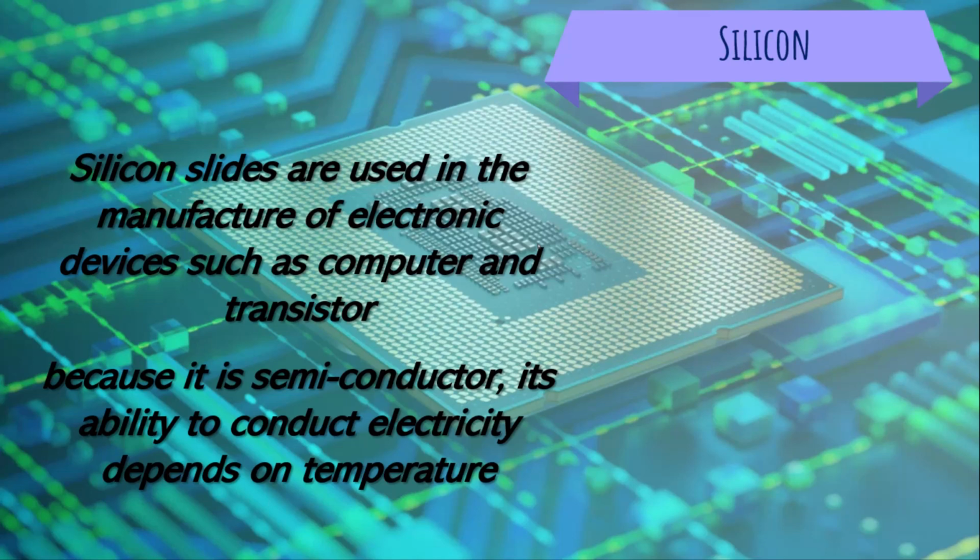And when it reaches a certain temperature, the silicon loses its conductivity, and then the device shuts down. So silicon slides are used in the manufacture of electronic devices, such as computers and transistors, because it's a semiconductor of electricity. Its ability to conduct electricity depends on its temperature.